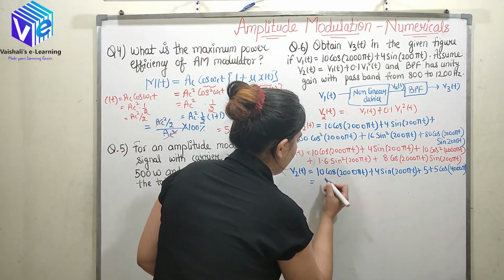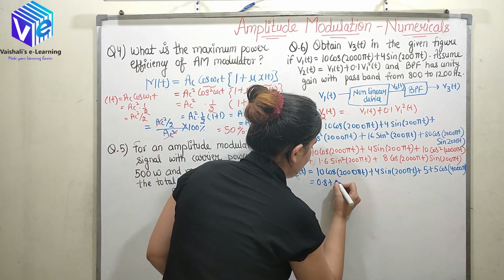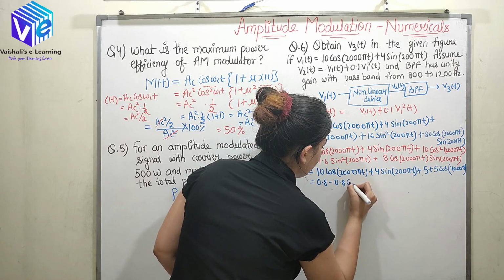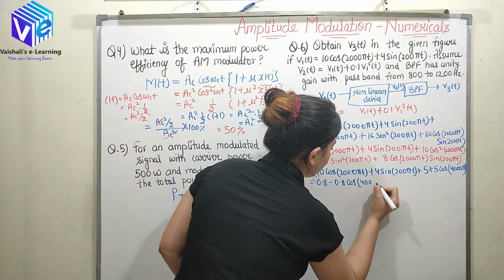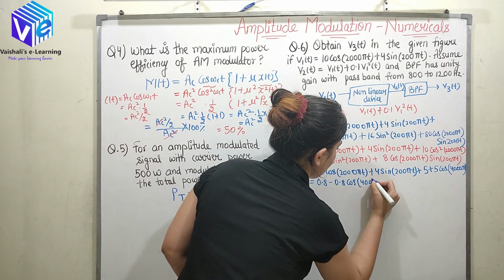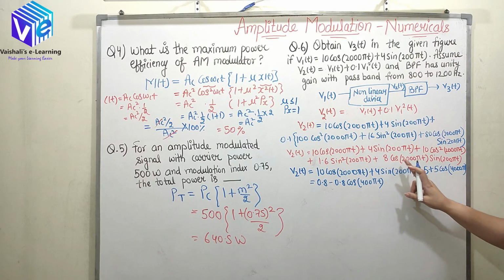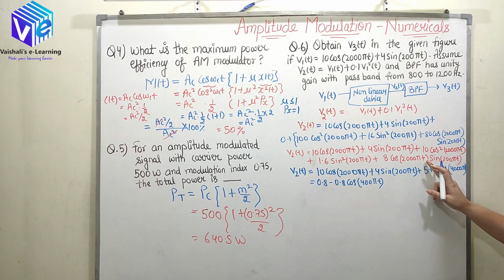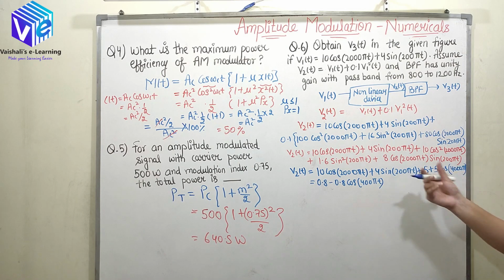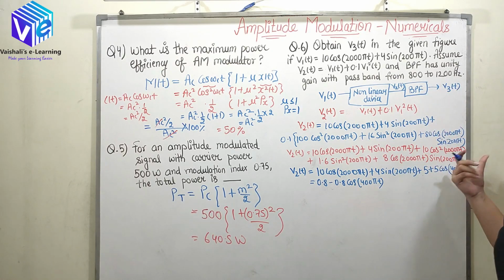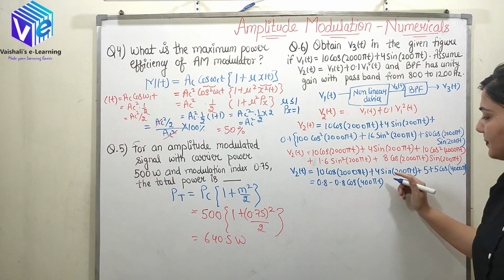Similarly, I can write this equation. So here I'll be having 0.8 minus 0.8 cos 400 pi t. Now here I have 8 cos 2000 pi t into sin 200 pi t. So I can represent this in the form of (sin(a plus b) minus sin(a minus b)) upon 2.